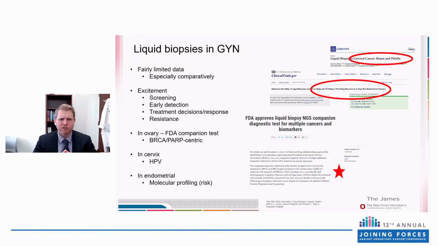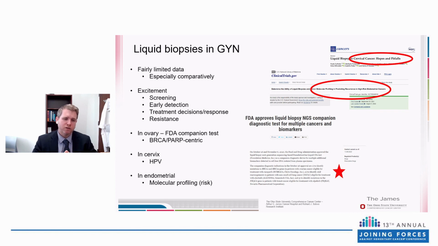So what about liquid biopsies in GYN? There is fairly limited data, especially compared to other cancer types, such as lung cancer, which has a lot of information. But there is certainly excitement: screening, early detection, treatment decisions, response, looking at resistance mechanisms. The FDA has come out with a companion test with a liquid biopsy, looking particularly at BRCA mutations within the tumor, and that allows for applications for PARP inhibitors.